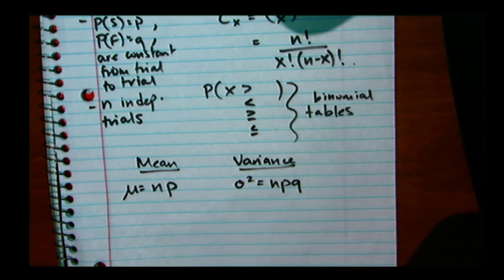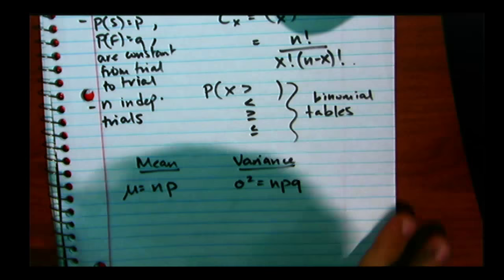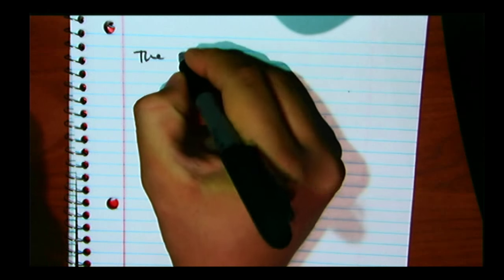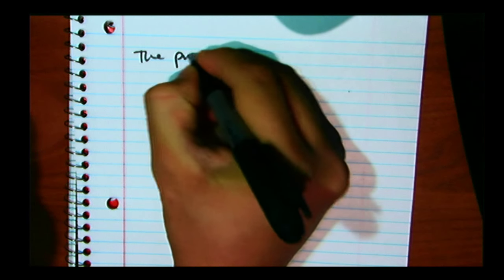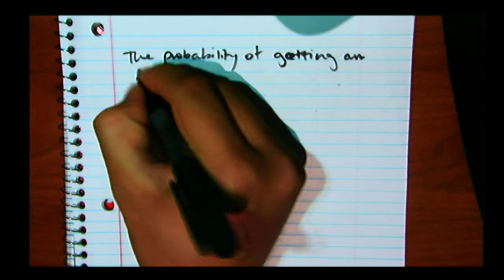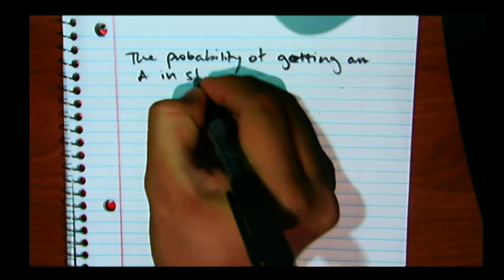All right, we good? I'm going to turn the page. All right, let's say we're talking about the probability in stats is 95%.